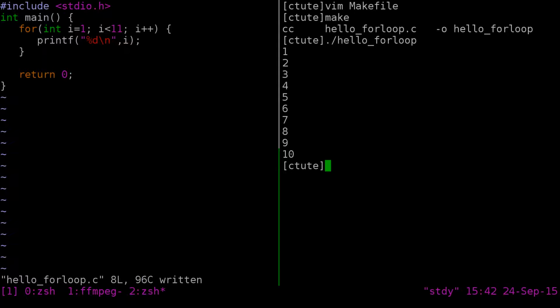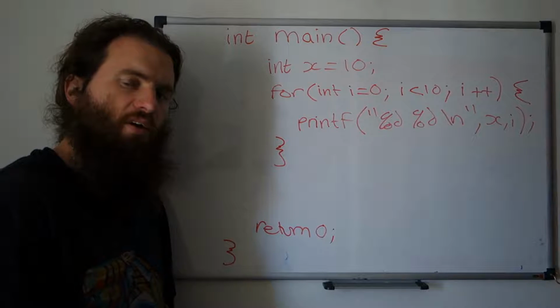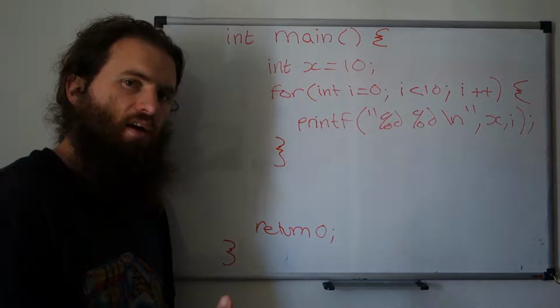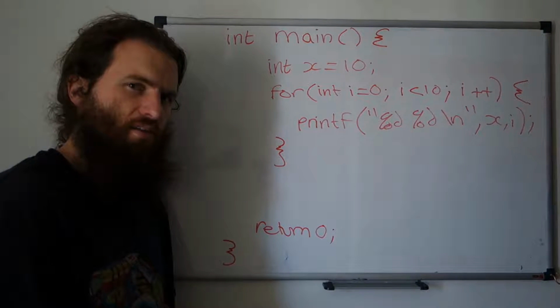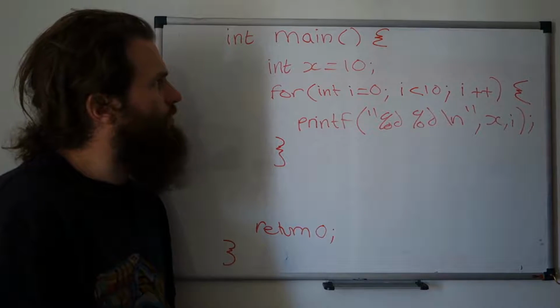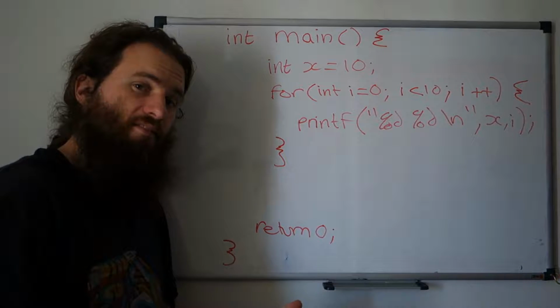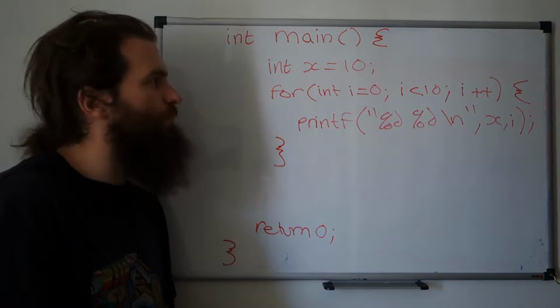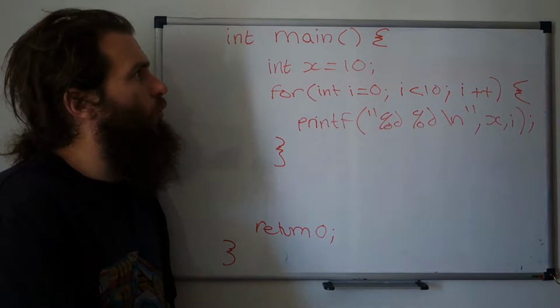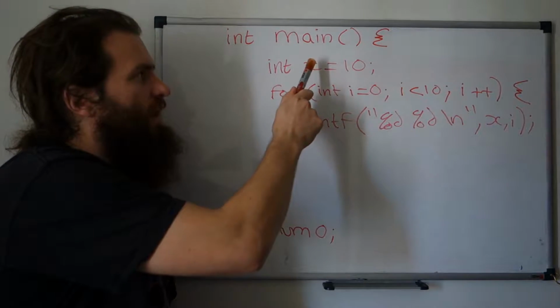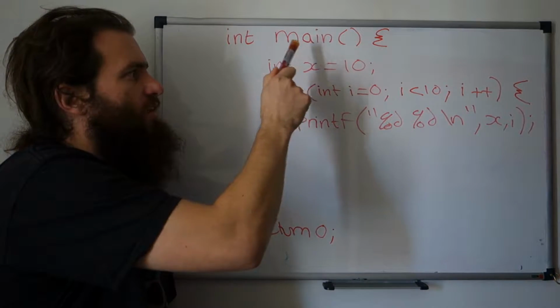Pretty straightforward, eh? Since we haven't encountered scope before, we should probably introduce it now, since this is the first time we've seen it. So the scope of a variable is where that variable can be seen. Before, we had our main function and we declared our variables inside the main function.